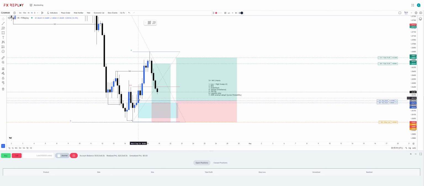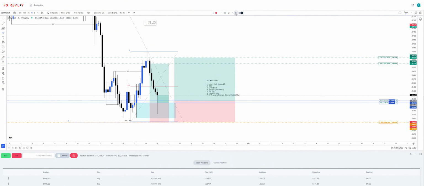Okay, we do also have liquidity in the leg, relative equal lows. So this was a pullback and a break. So this is a strong protected low liquidity. So we do have liquidity plus in the leg as well, because this was a middle of nowhere reversal. So let's see. Okay, we're in the order block.